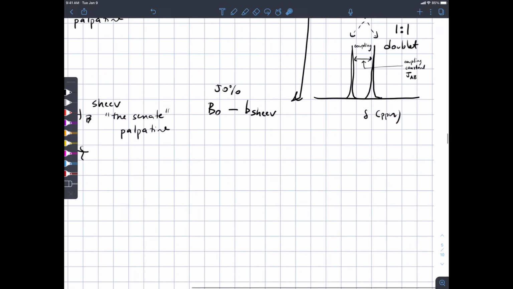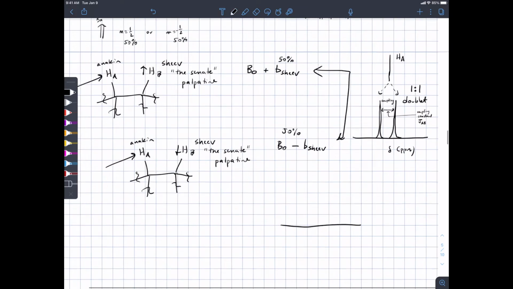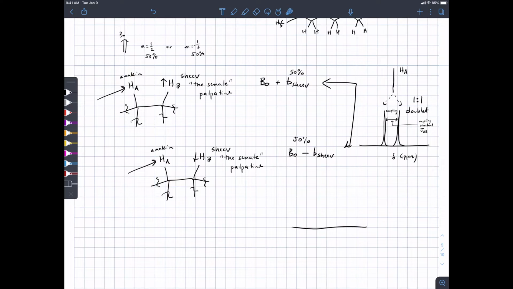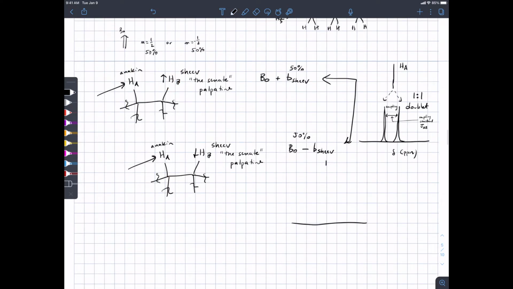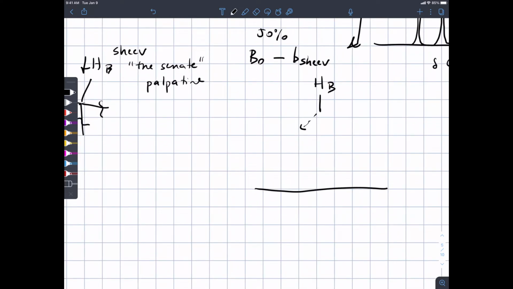And interestingly, if we measure the chemical shift for proton B, which might be in another part of the spectrum, it too is going to be split into two signals, because it too experiences two different environments, one in which proton A is aligned with the field and one in which proton A is aligned against the magnetic field.